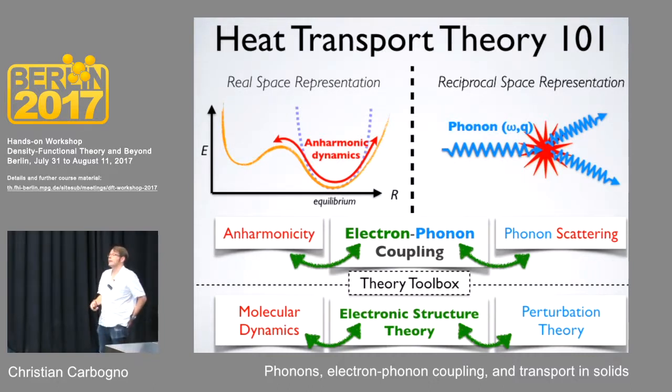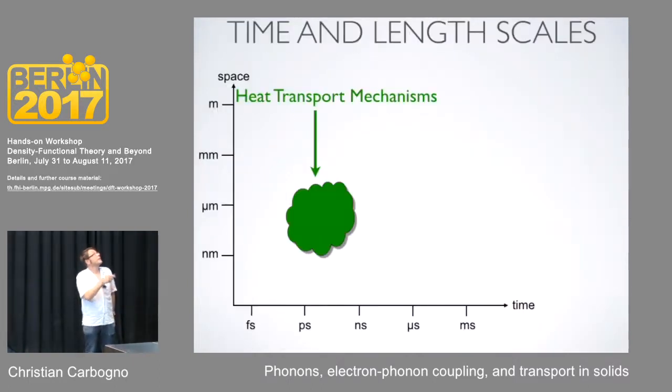Before getting there, however, let's first get an overview of what the length and time scales are that we need to discuss. If you think about typical vibrations in a solid, the period is on the order of picoseconds. That means if you want to measure something like anharmonicity or scattering, that happens maybe every 100 periods or even every 1,000 periods.